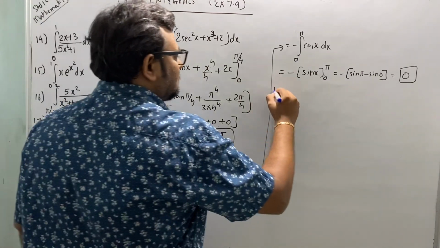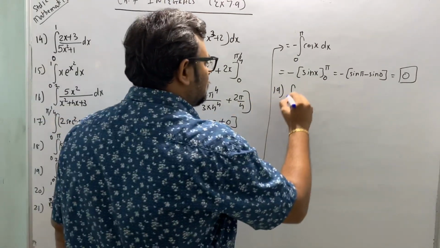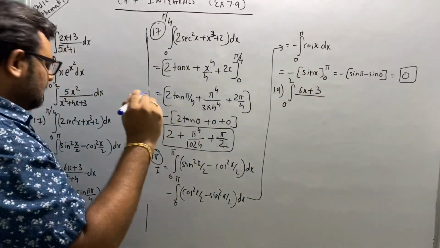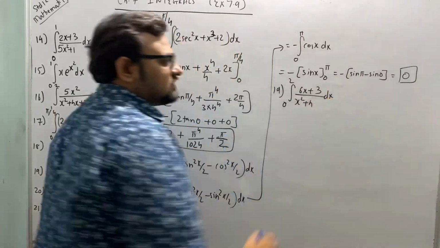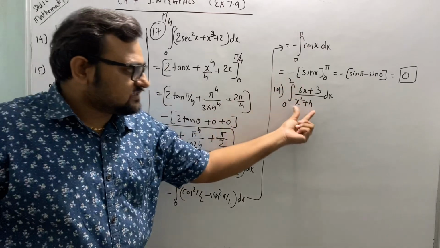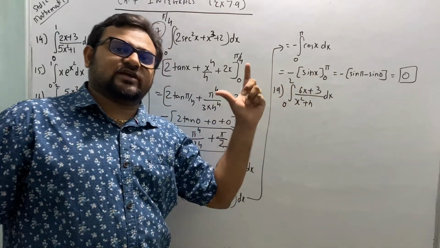Question 19: integration 0 to 2 of 6x plus 3 upon x square plus 4. Okay, it's just simple. I will separate it: 6x upon x square plus 4 plus 3 upon x square plus 4.